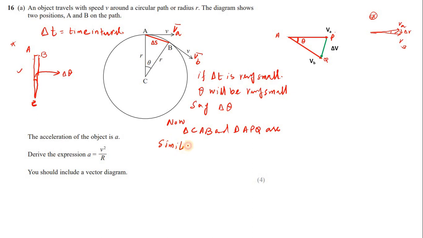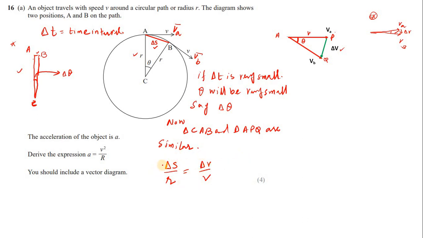If you recall the concept of similar figures in mathematics, the ratio between their sides must be the same. So you can say that delta S divided by R would be the same as delta V divided by V, the magnitude of the velocity. This is the ratio between the sides of the triangle.